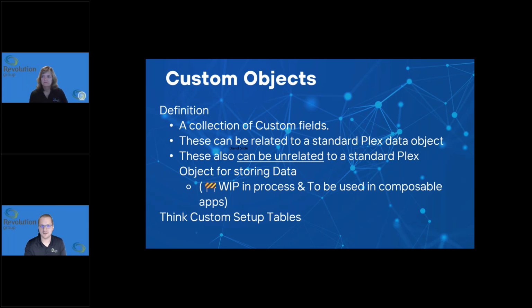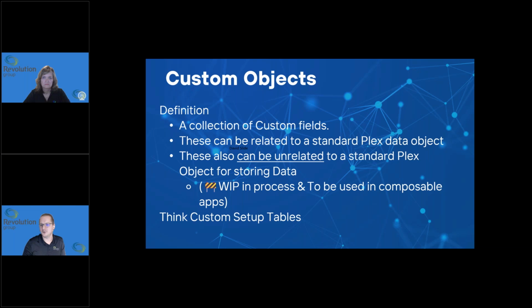The next thing I want to talk through is a little bit harder of a concept to wrap your head around initially, but they are custom objects. A custom object is a collection of custom fields. They can be related to a standard Plex data object, as we saw through that custom field to tie it in there.